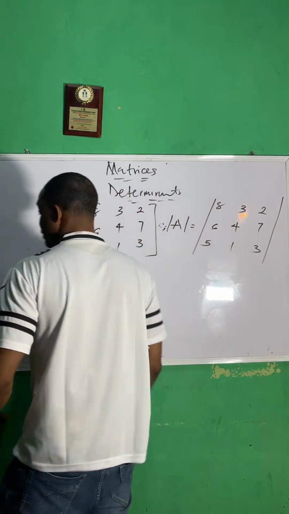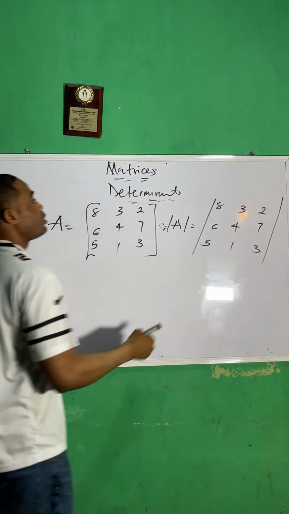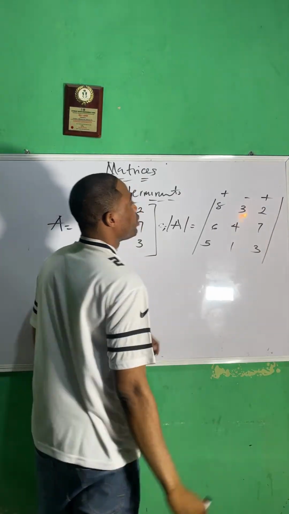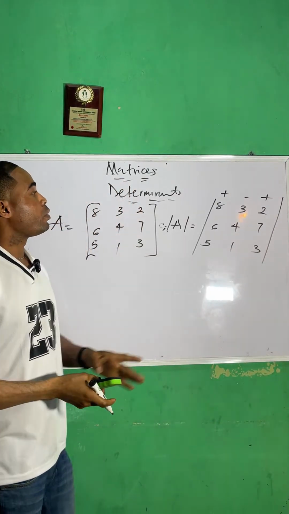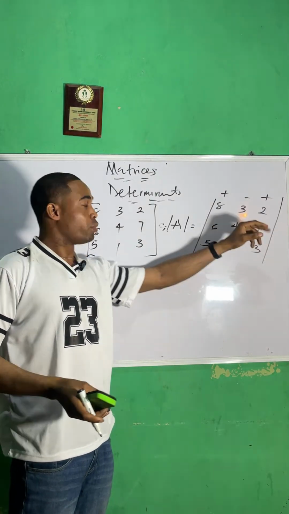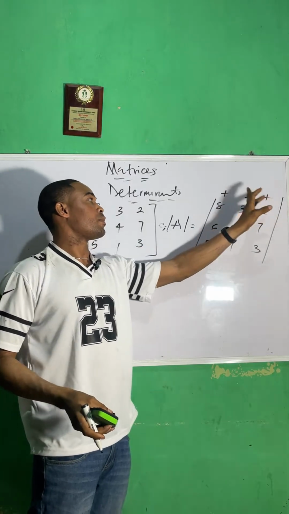The first step you need to do is to introduce signs to the first row, sorry, to the values of the first row, which is 8, 3, 2. So that will be plus, minus, plus.